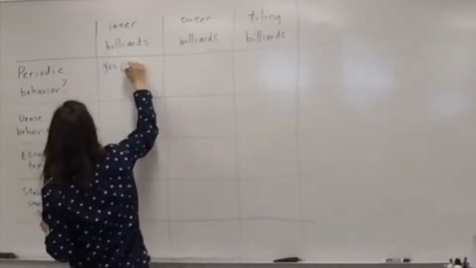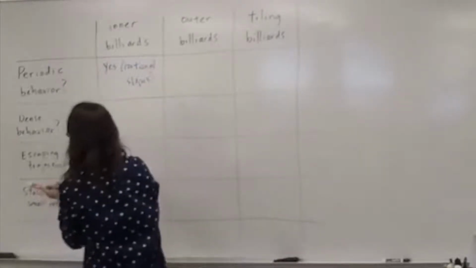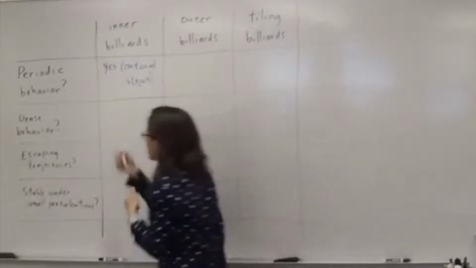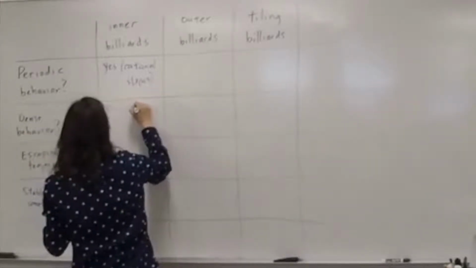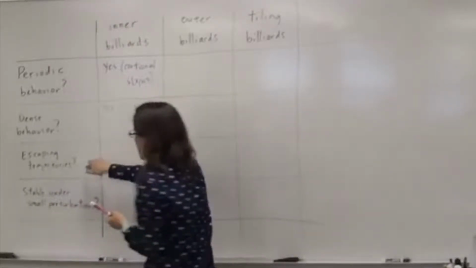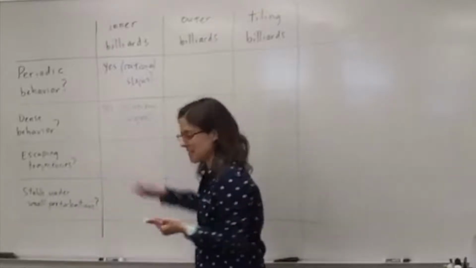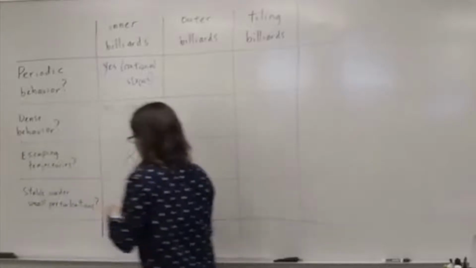Yes, for rational slopes. How about dense behavior? Yes, you can, oh, yep, same color. Yes, for irrational slopes. How about escaping trajectories? This is the one that doesn't make sense. So of these 12 boxes, this one doesn't make any sense, so sorry about that.